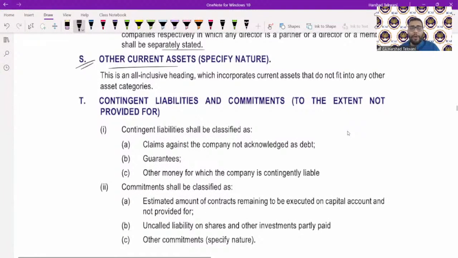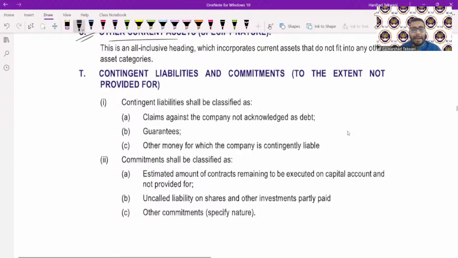Again, I need to disclose the contingent liabilities and commitments, to the extent not provided. Why? Because if you have provided, it will be part of your liability, not a contingent liability. Simple. So to the extent not provided, it is required to be disclosed here. For example, the liability is 300 rupees.